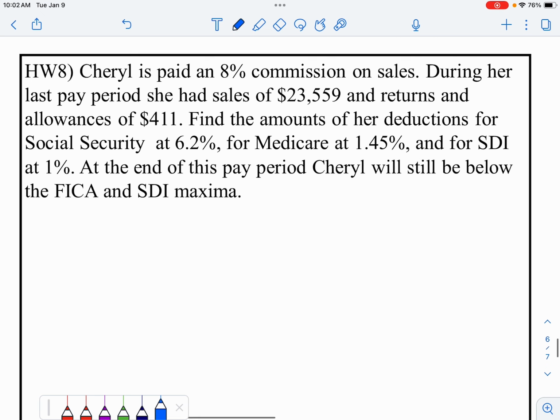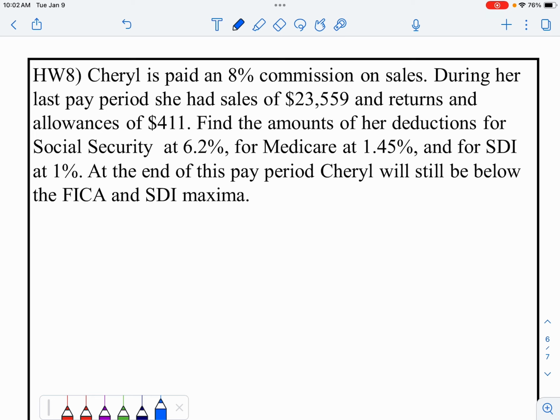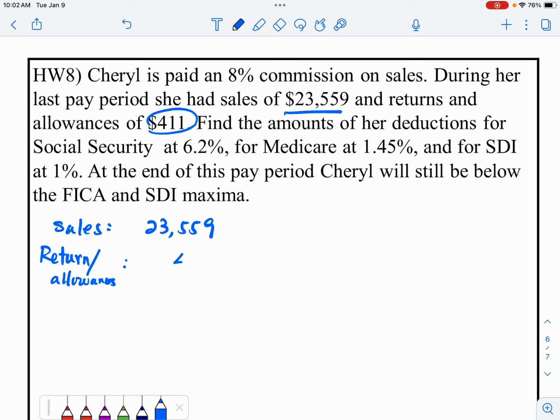Okay, so let's first calculate her gross earnings. The sales is $23,559 right there. And the returns and allowances is 411, I'm sorry.